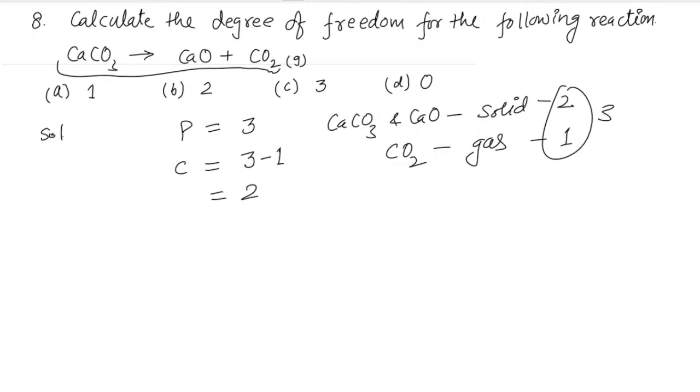Components are 2, phases are 3, and degree of freedom C minus P plus 2 is 2 minus 3 plus 2. So degree of freedom comes out to be 1.